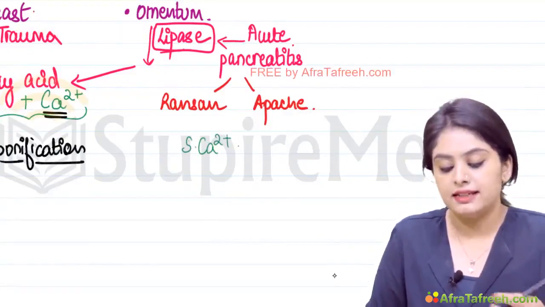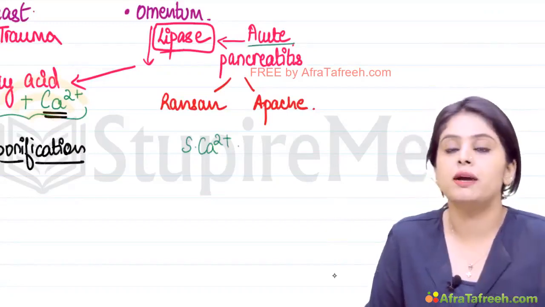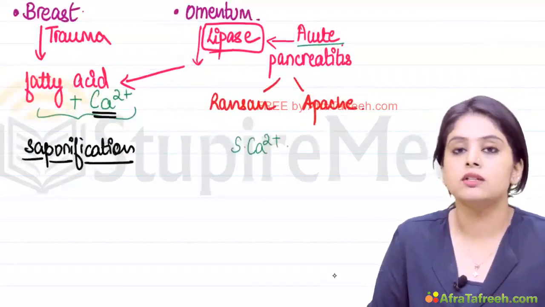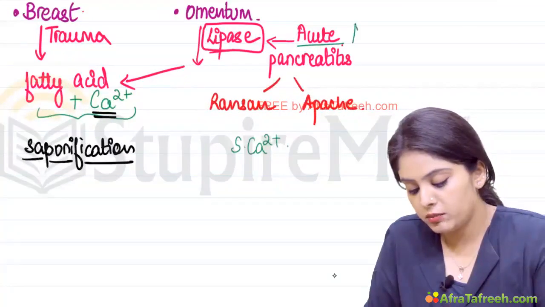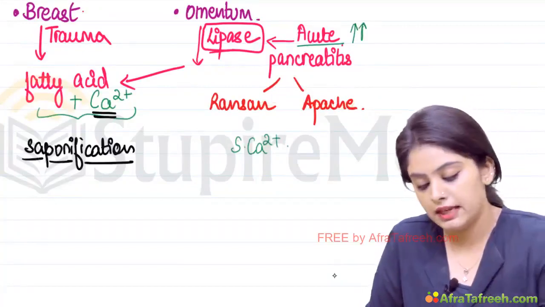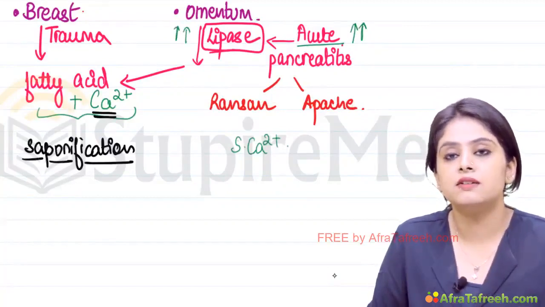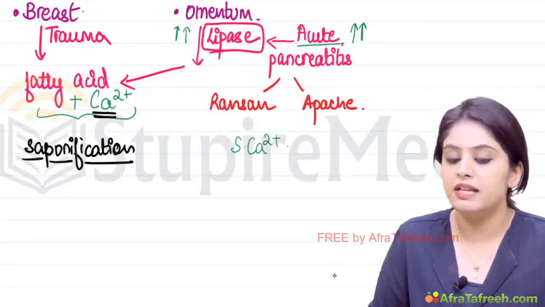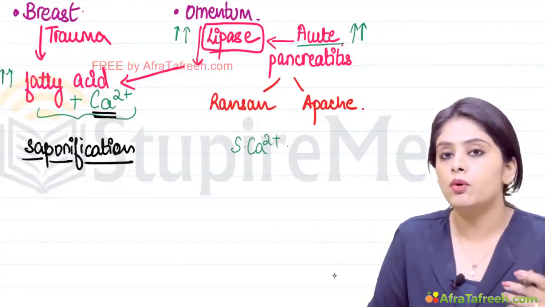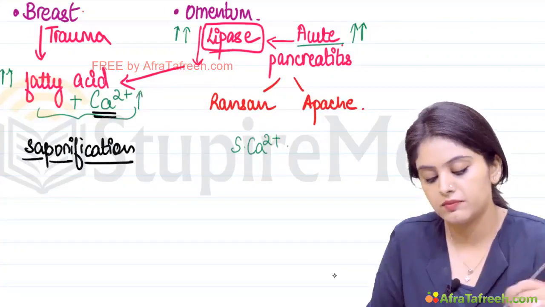Now we can say that as the severity of acute pancreatitis increases, if you just follow this basic flowchart, which enzyme will be released more? Lipase. When more lipase is released, it will act on the omentum. It will break the fat into more fatty acids. More fatty acids will then combine with what? They will combine with calcium.